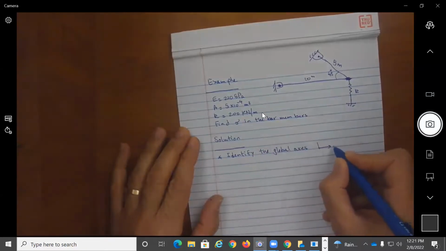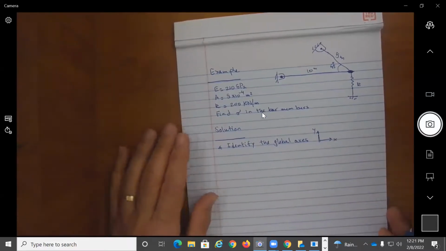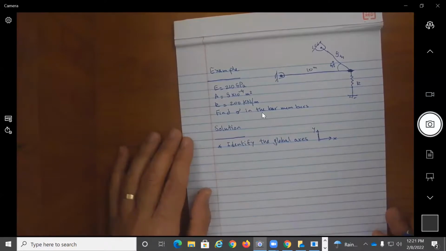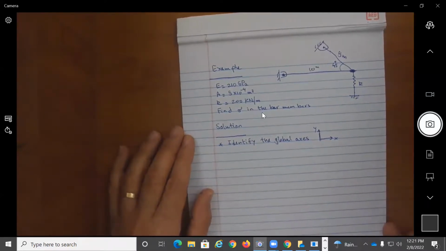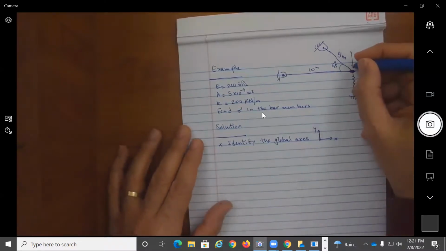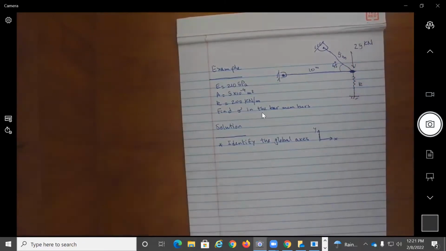Again, in this case, we're going to have X horizontal and Y vertical. Any loading on the system? We're going to put a 25 kilonewton at this free end.